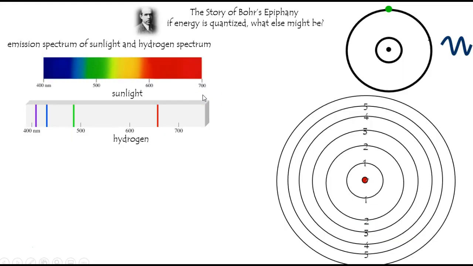Let's take a look at some properties of electrons and how they move around in the atom. This was studied first using hydrogen, smart move, very simple system, and it was looked at from the point of view of light. Imagine sunlight. You see all sorts of visible wavelengths from 400 to 700 nanometers. But if you look at an ionized gas form of hydrogen, that's hydrogen plasma, you see 4 very sharp visible lines.